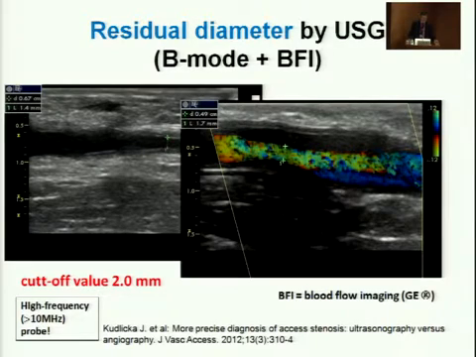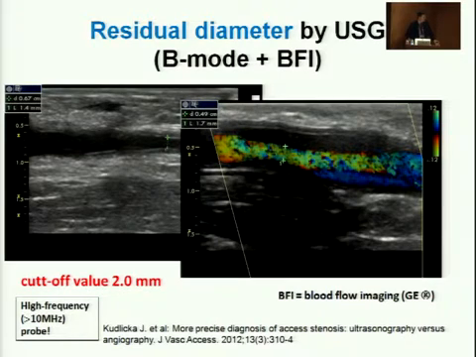Another option is to measure the residual diameter of the stenosis. It was not possible 15 years ago, when the maximum working frequency of our probes was 7.5 megahertz.